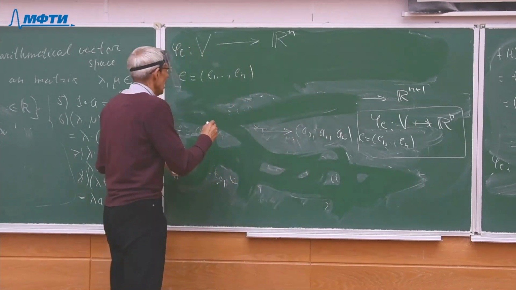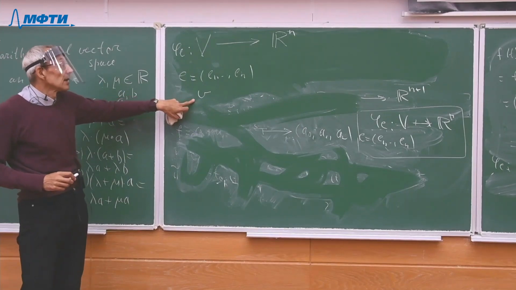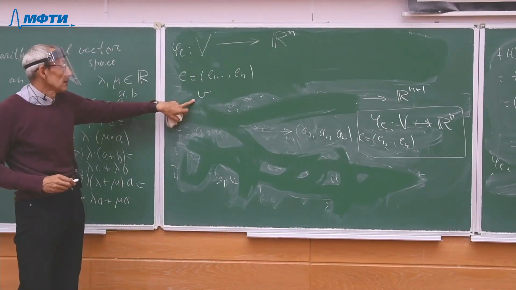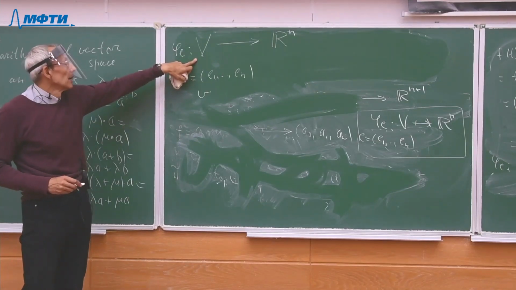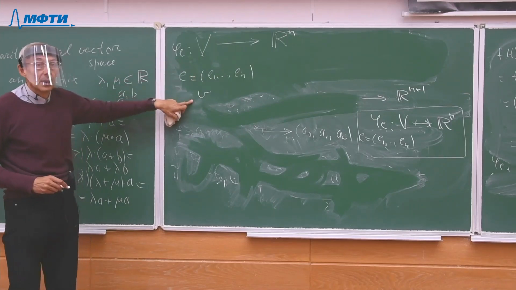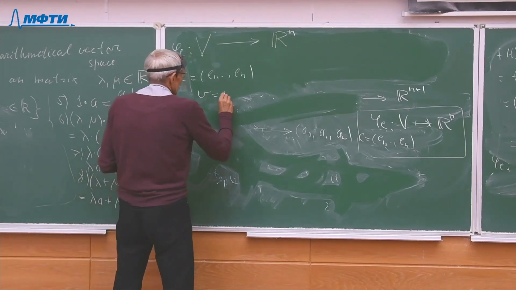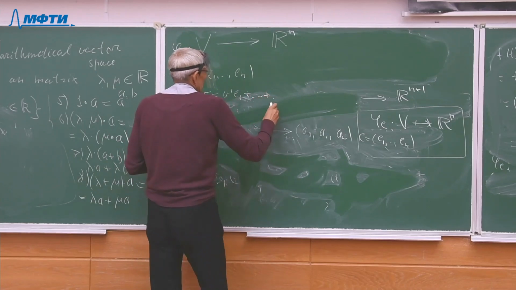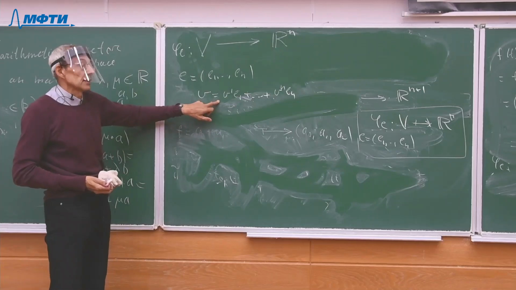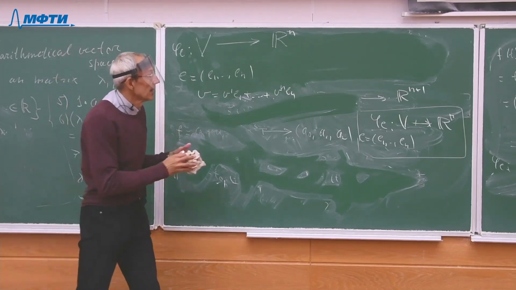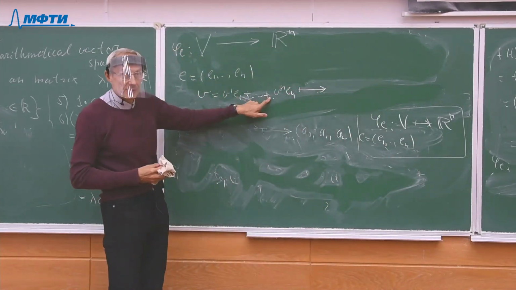I can choose an arbitrary vector v from the vector space capital V. Small v is the vector, and I can expand this vector in terms of the basis. I obtain such an expansion. After that, I correspond to this vector these coefficients, these coordinates.